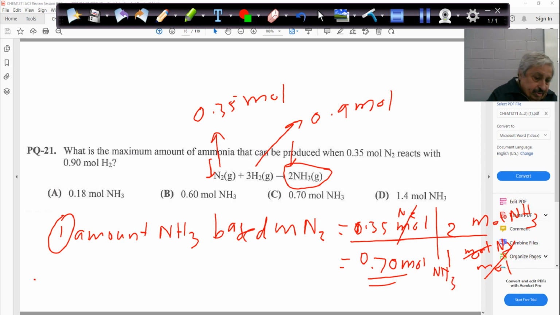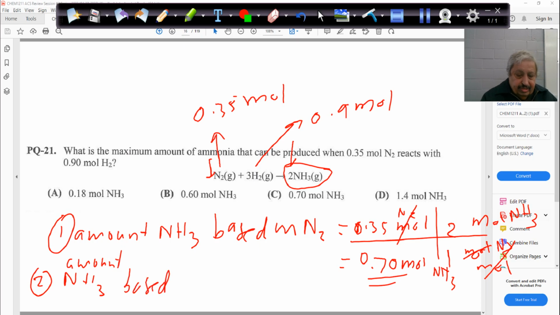Then you will do the same calculation here. Ammonia amount based on hydrogen, correct? So let's see the number of moles.